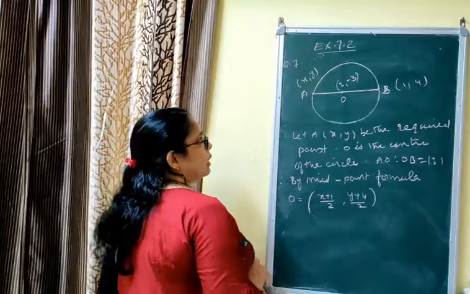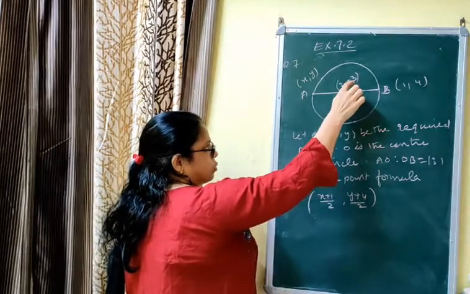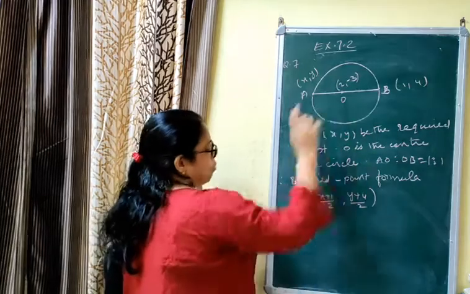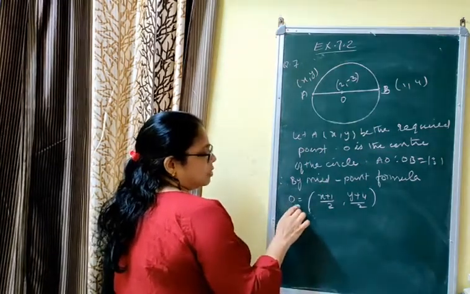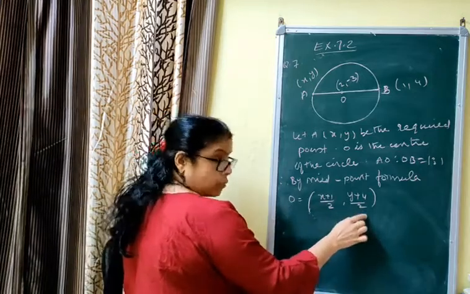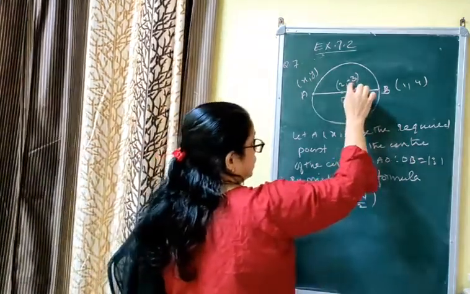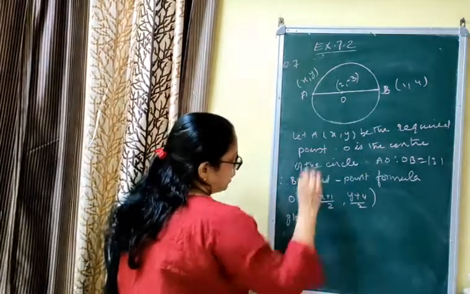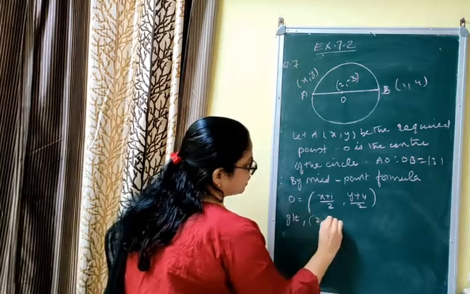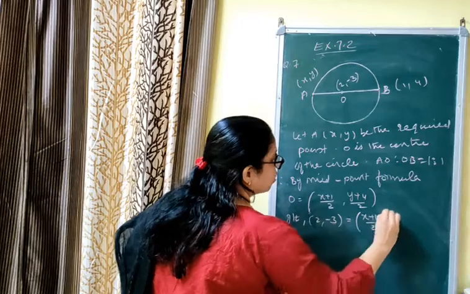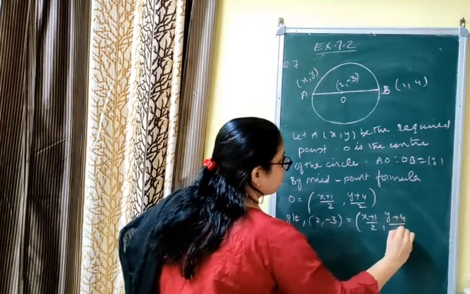But what is given? The coordinate of O is (2, -3). This is the coordinate of O in terms of x and y, and this is the coordinate of O as a constant. That means, given that O can be replaced by (2, -3), it is equal to ((x + 1)/2, (y + 4)/2).